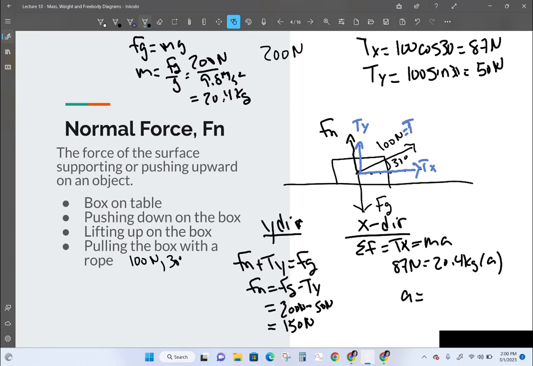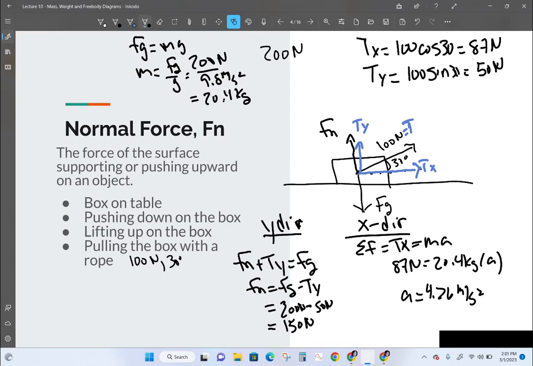My acceleration is going to be 87 divided by 20.4, which is 4.26 meters per second squared. So it's going to accelerate in the x direction at 4.26 meters per second every second.